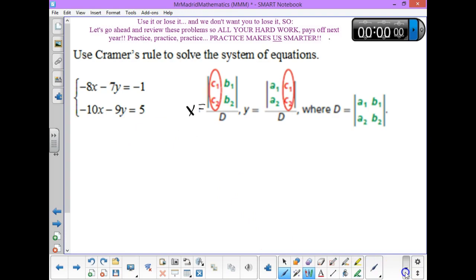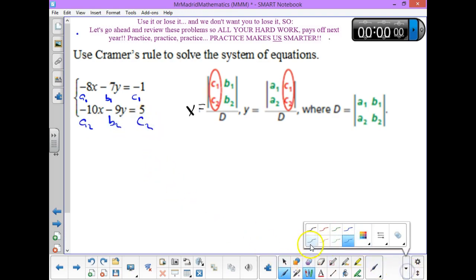Before I do so, it's good to label. So I'm going to label this one A1, B1, and C1. This is A2, B2, and C2. That's going to allow me to substitute into all of these very easily.